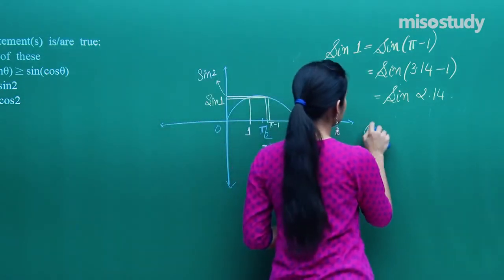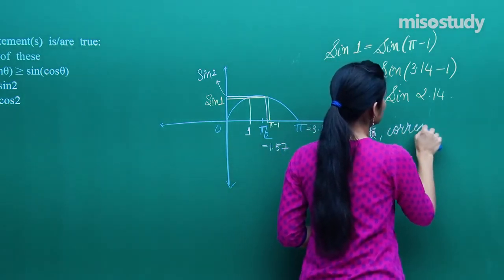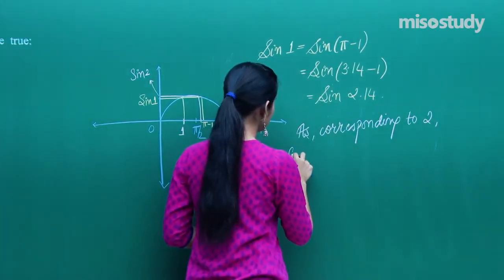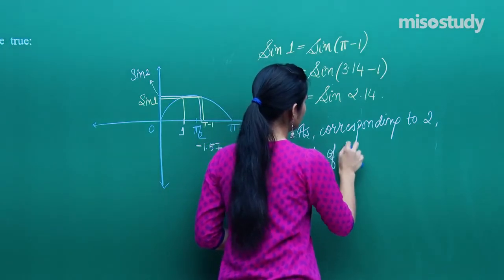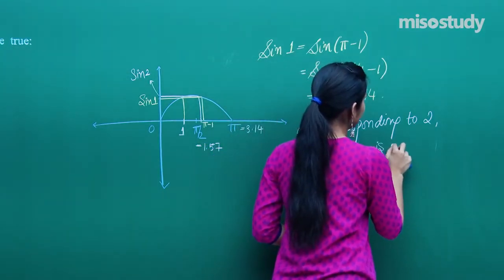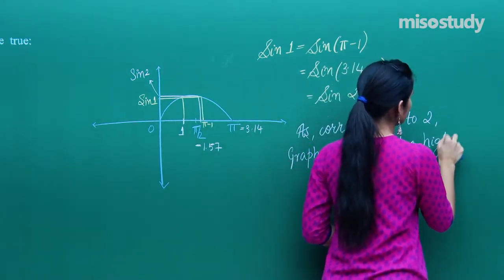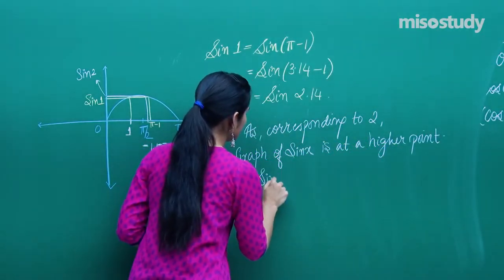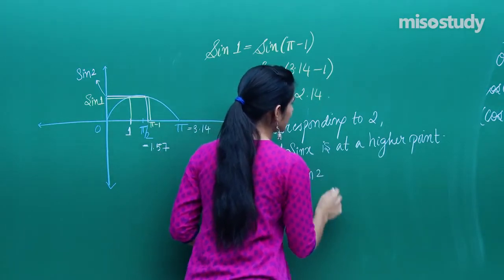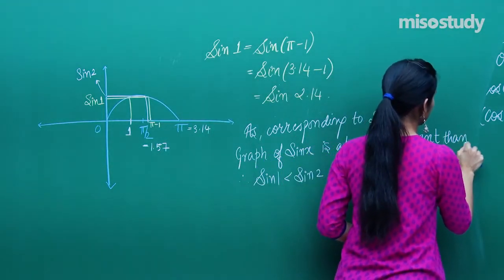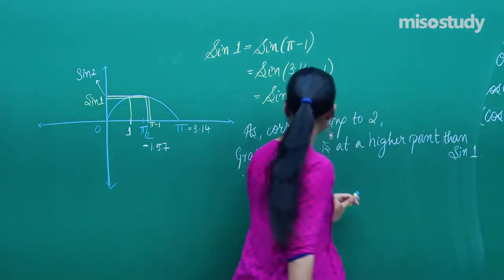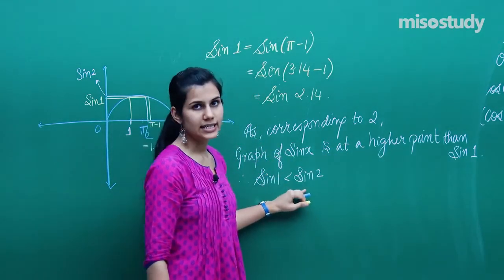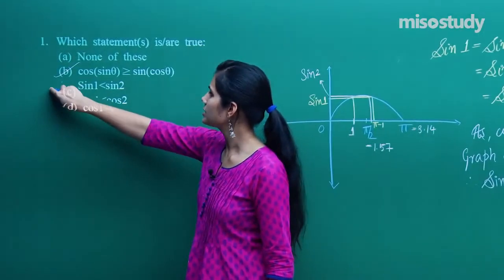So corresponding to 2, the graph of sin x is at a higher point than sin 1, therefore sin 1 is less than sin 2. So that means even this is true.